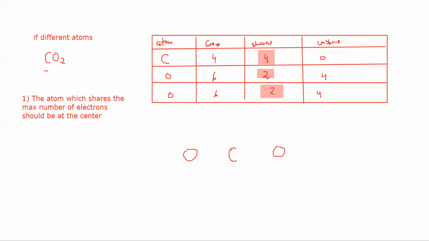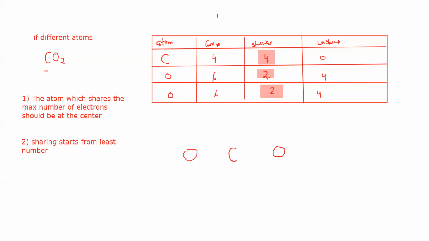Then sharing starts from the least number, the smaller number. What does it mean? Sharing starts from the least number means the atom which shares the smallest number, we draw that first.